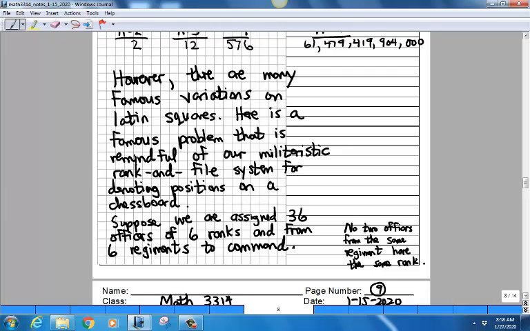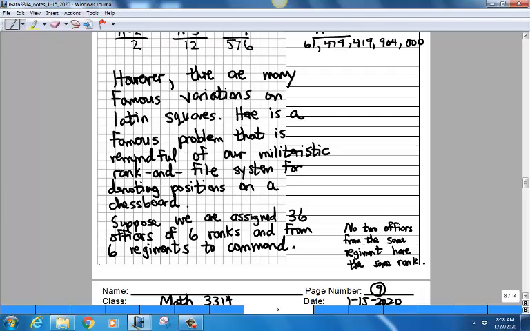Now, to analyze the problem a little bit, let's back up. Euler's famous problem is posed with 6 regiments and 6 ranks, so 36 officers. By the way, that problem is called the problem of the 36 officers. But let's just think about the problem of the 9 officers. So let's cut it down by half, actually.